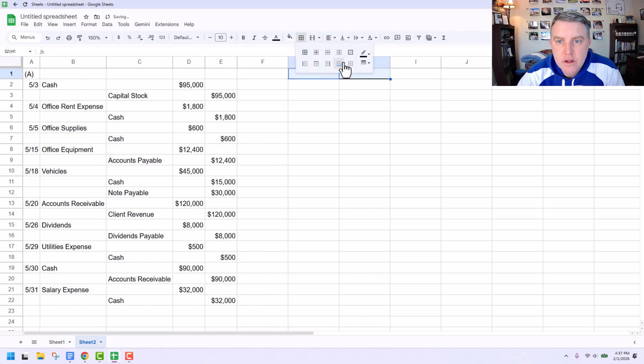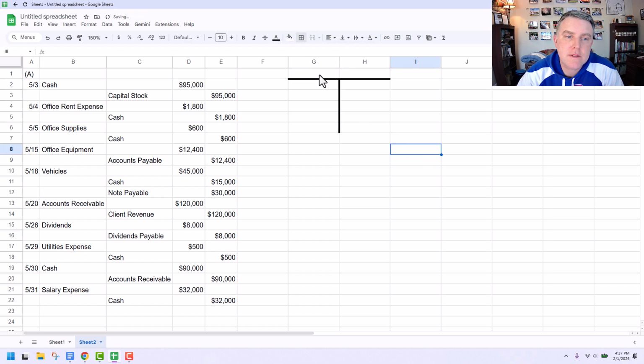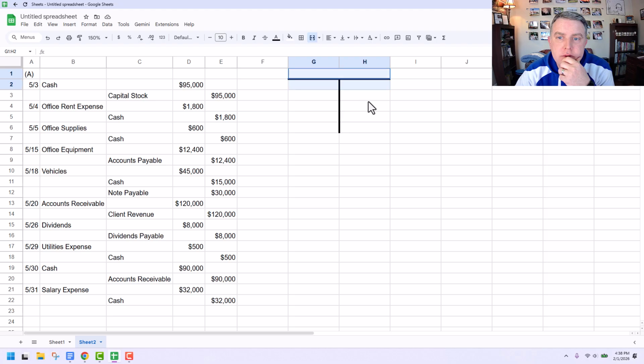So let's actually make this thicker. All right, so we have the T here, and I'm just going to add this. All right, so we have a template for our T accounts here, and let's just merge these two. Okay, left-hand side debits, right-hand side credits. And the first one that we're using is for cash. But let's give ourselves some extra space to write here.